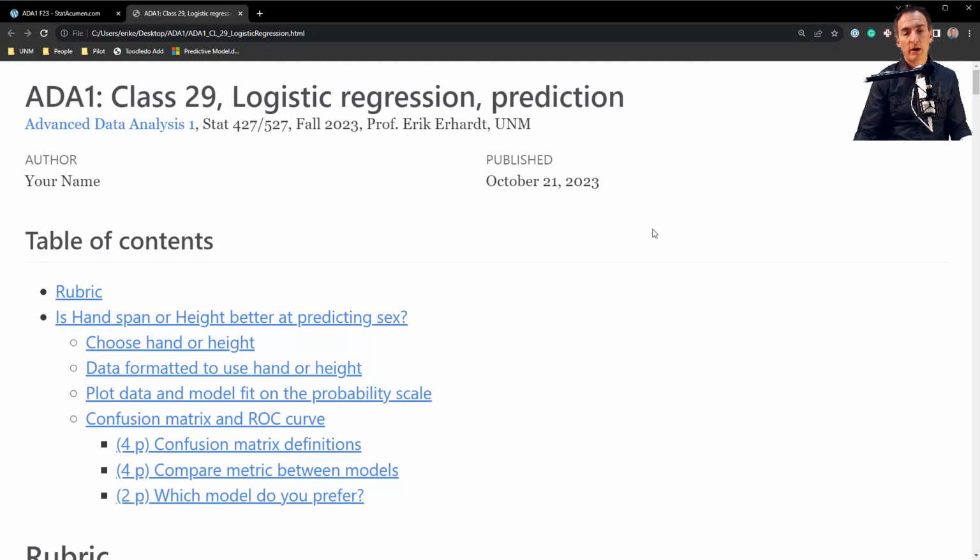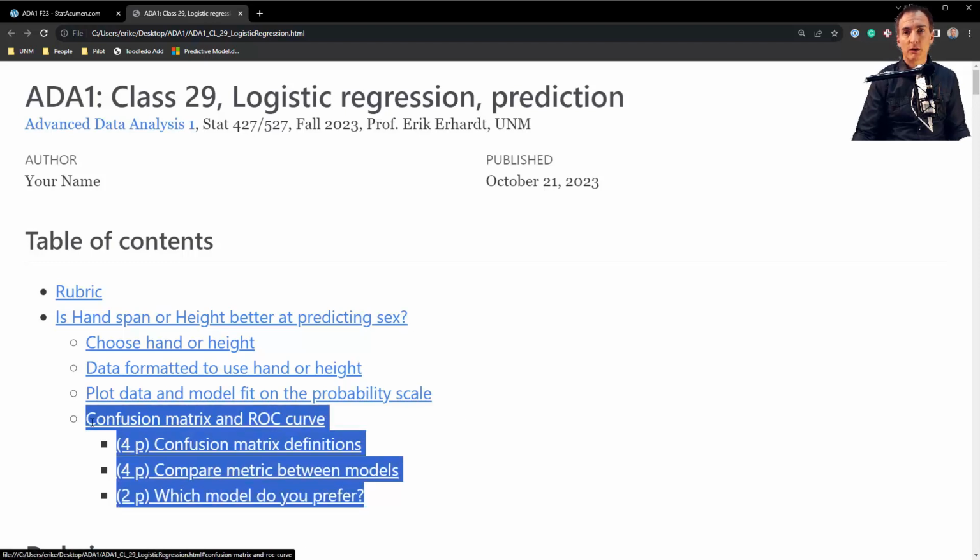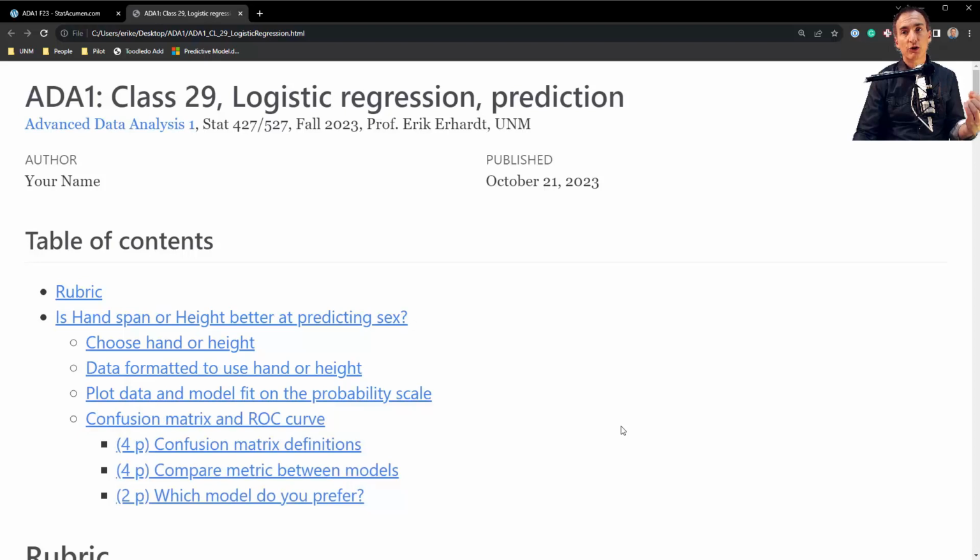So the modeling in this assignment I do for you, and all of the questions are about understanding and interpreting the data or the predictions, the quality of predictions, and ultimately making a decision about which model you would prefer for making the predictions.